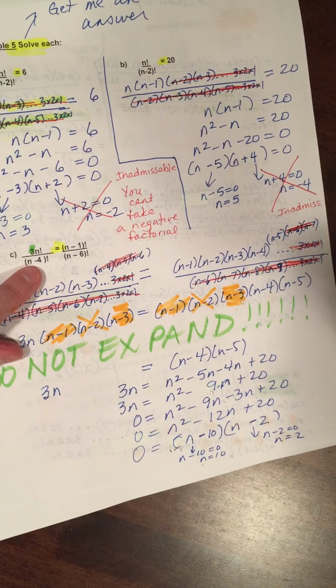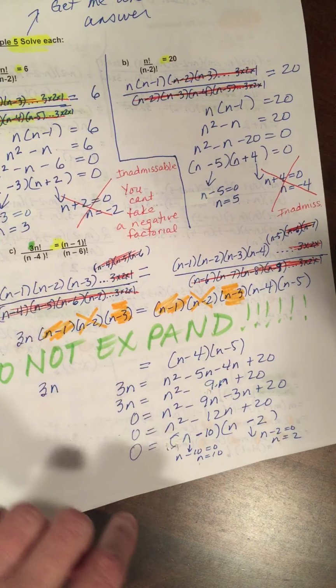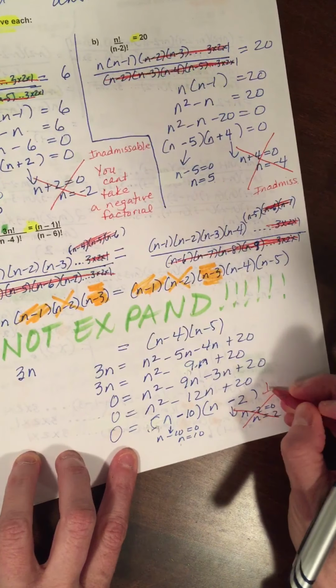That works perfect. Oh, wow, wait a minute. If I was testing out 2 minus 4, that gives me negative 2 factorial. Uh-oh. Inadmissible.